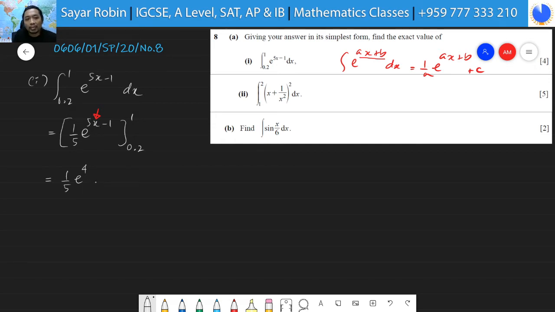That's why 1 multiplied by 1 over 5 is 1 over 5. So it's 1 over 5 e to the power 4 minus 1 over 5: upper limit value minus lower limit value. Then we can take out the common factor 1 over 5, and 1 over 5 times e to the power 4 minus 1 is the final answer for 8a part 1.